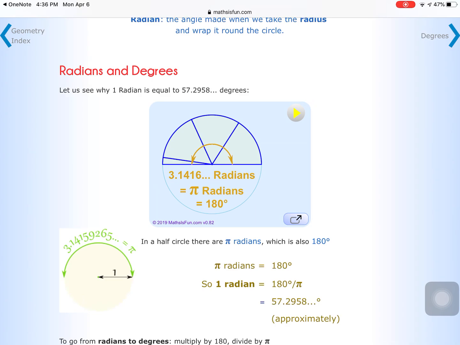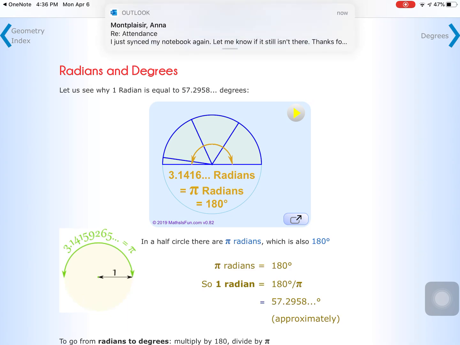So if I take 1 radian, it would be equivalent to 180 degrees divided by pi.